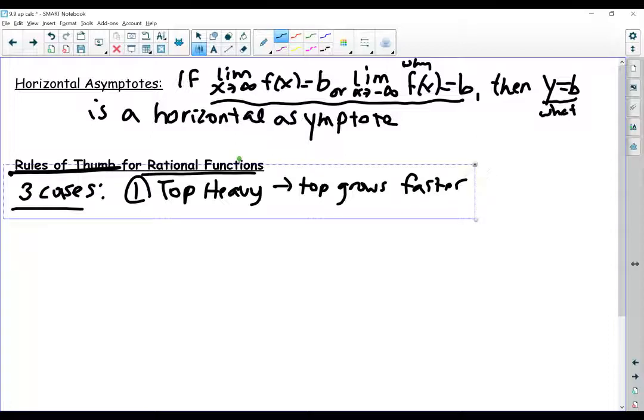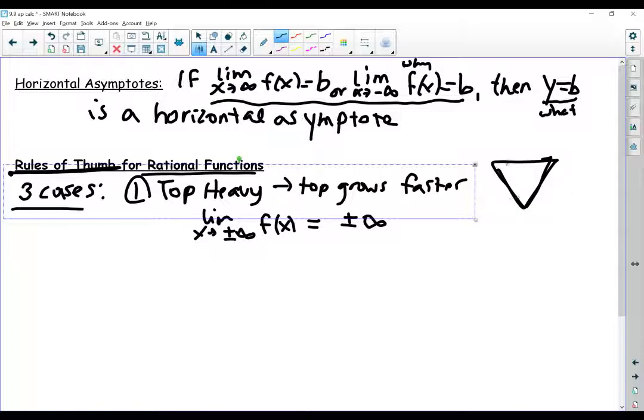So you're just thinking the top grows faster. When the top grows faster, the limit as x approaches one of the infinities is an infinity. The way I imagine this, a top-heavy function means the top is going to be way bigger than the bottom.